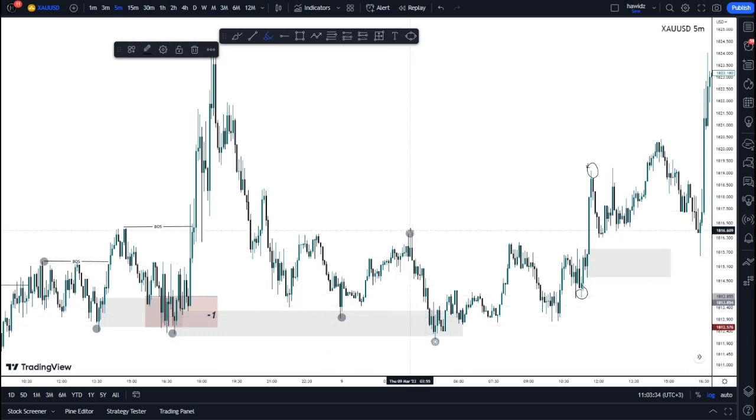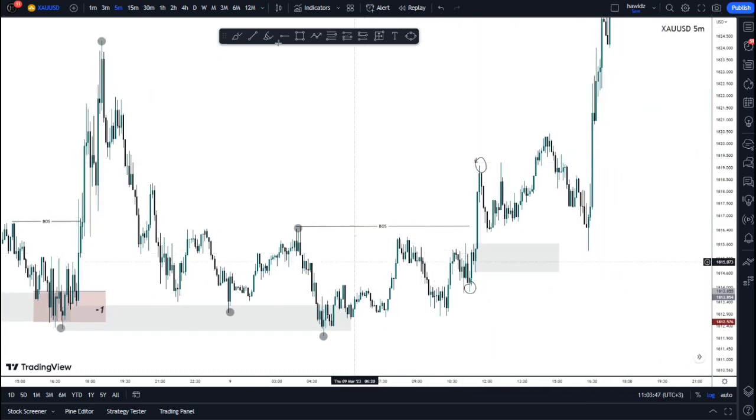So we need to see the break of this lower high here to indicate that this market is now reversing back to bullish. So we need to see a break of this structure here, or a change of character. So price just ranges from this low here to this high here, and then finally breaks.